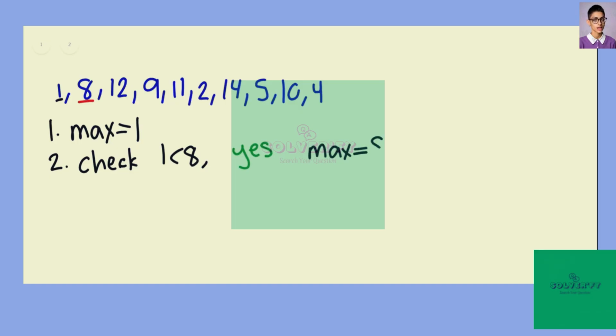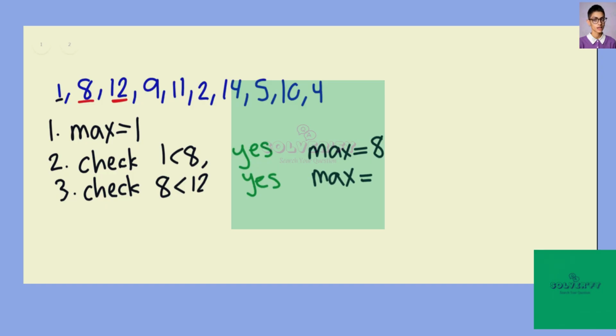So we're resetting it. Okay, so step 3, we're going to check to see if 8, our current maximum, is less than the third element in the list, which is 12. And it is, right? So we're going to set our new maximum equal to 12.